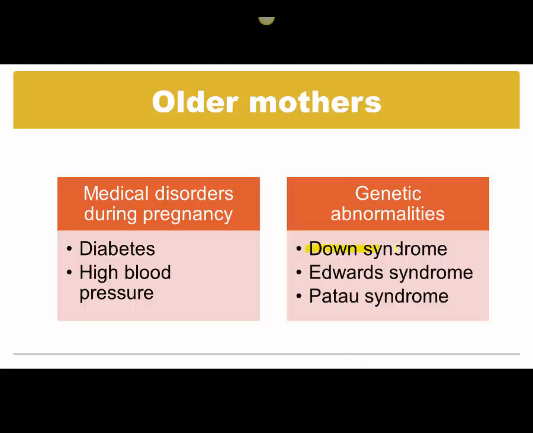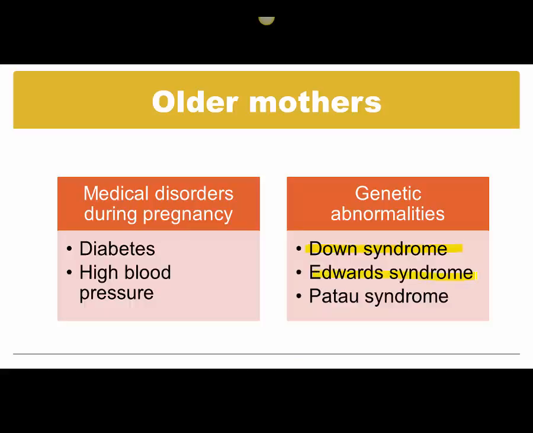Down syndrome, also known as trisomy 21, is a chromosomal condition caused by the presence of all or part of an extra chromosome 21. It is named after John Langdon Down, the British physician who described the syndrome in 1866.